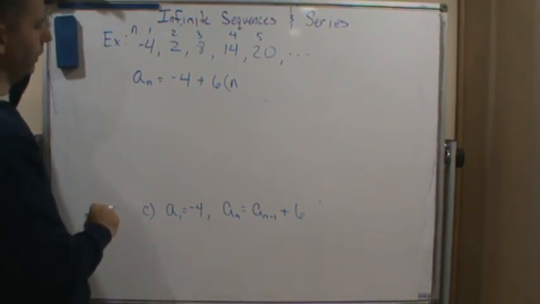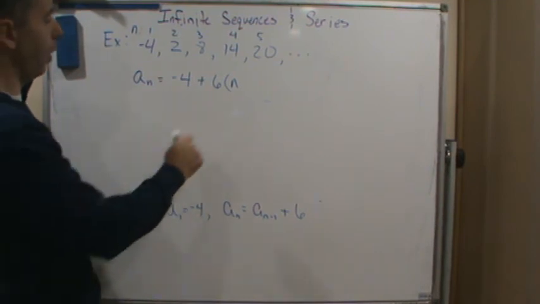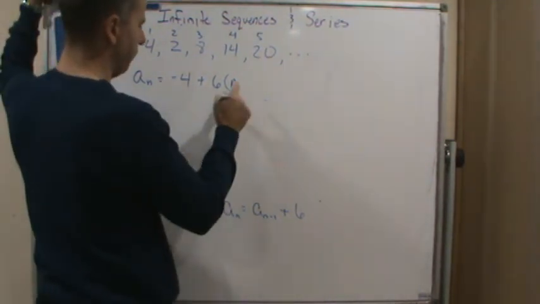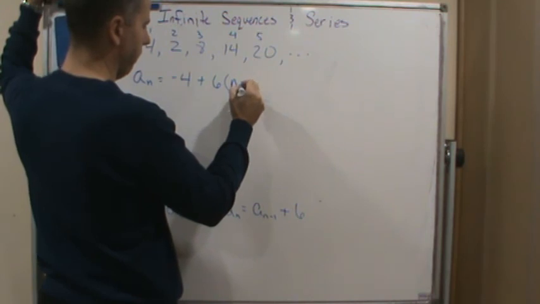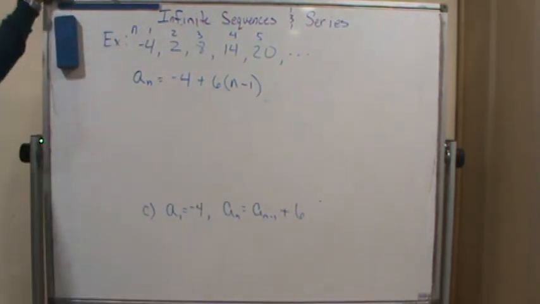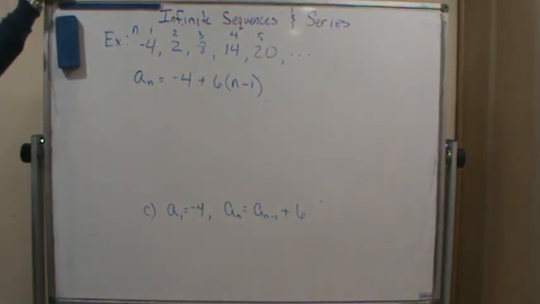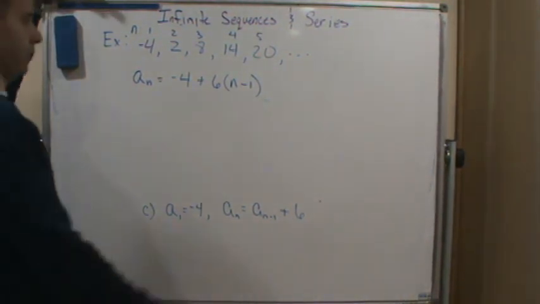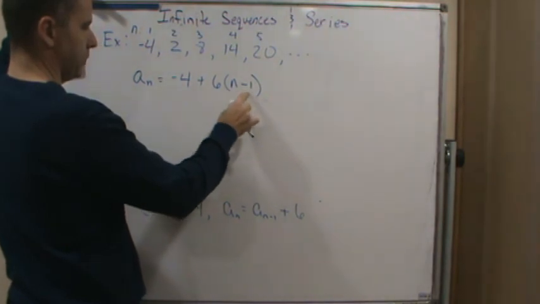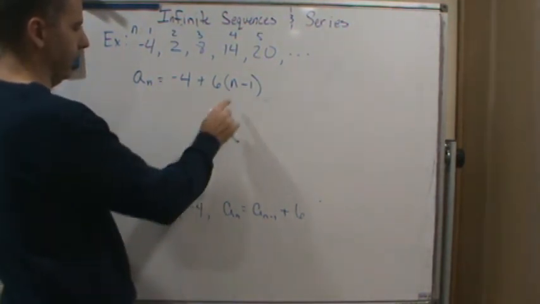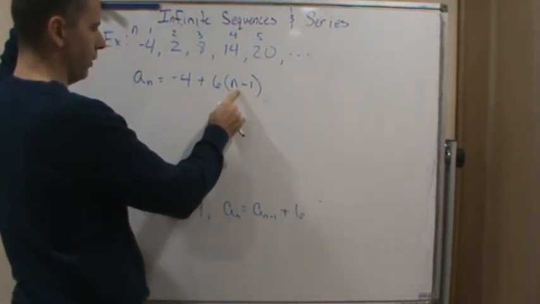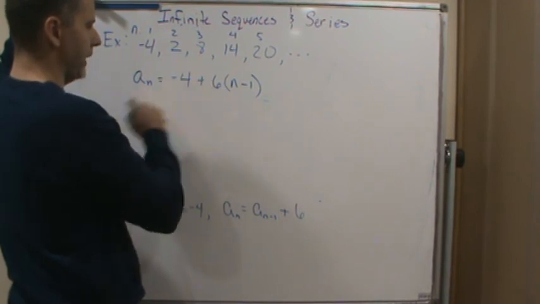So how can we do this? Well, let's do n minus 1, right? So when n is 1, this becomes 0, and we get negative 4. If n is 2, we get 1, and we get 2, and so on.